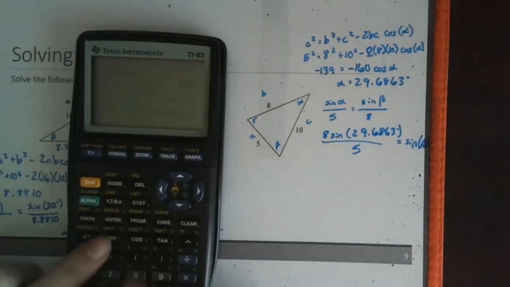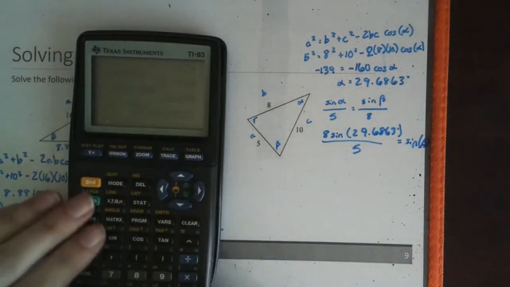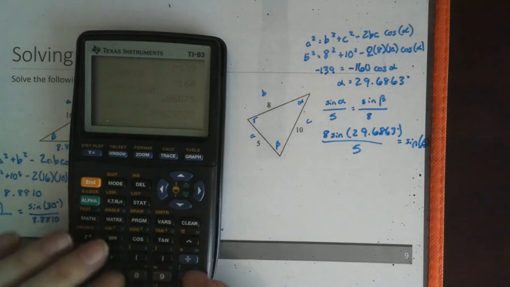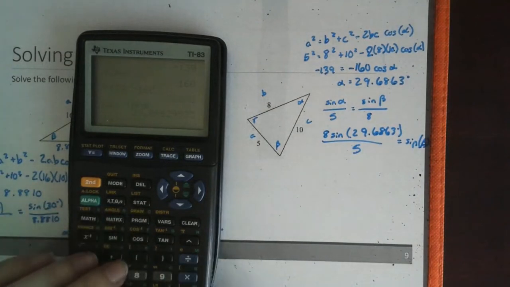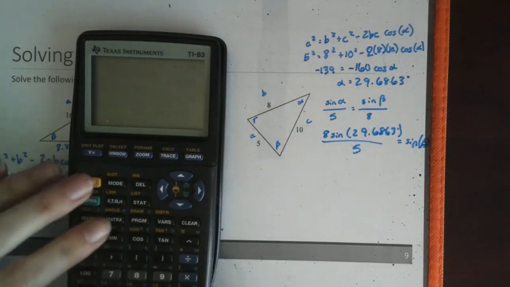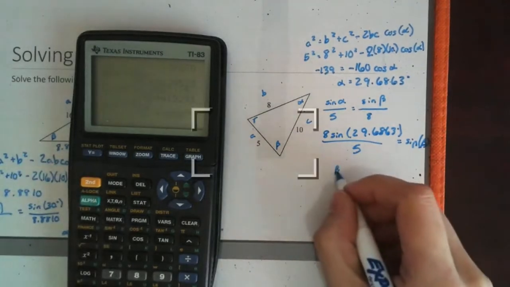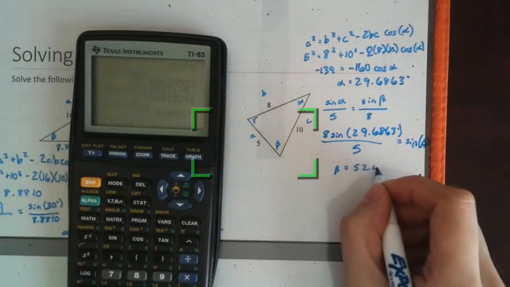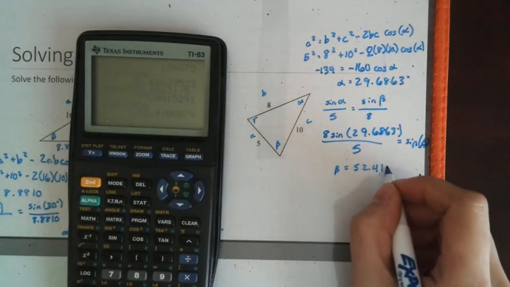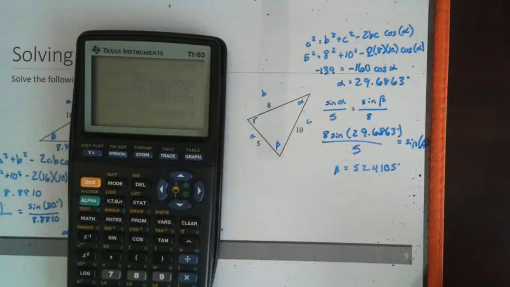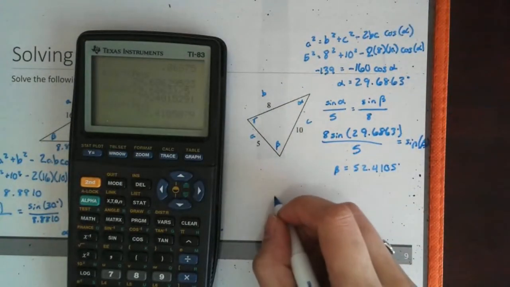So if I take my 8 sine of 29.6863 and divide it by 5, inverse sine that, I get that my angle beta is 52.4105 degrees.